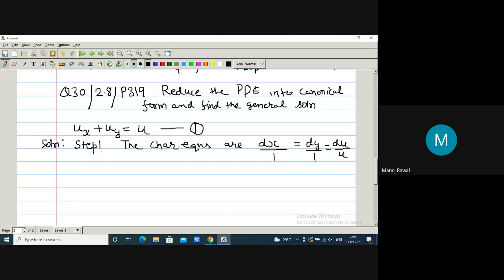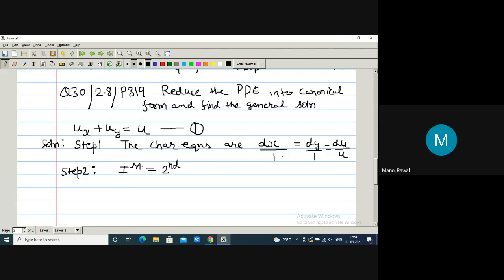So this is over step number 1. Very easy. Now in step number 2, take first is equal to second. So what do we get in that case?